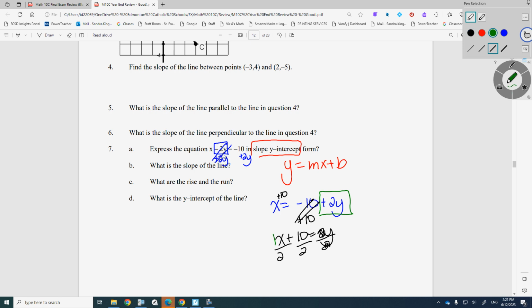Remember there's an invisible 1 here. So y is equal to 1 over 2x plus 5. So that is your slope. This is your b value, which is your y-intercept. And then you'll be able to answer these questions. Okay.